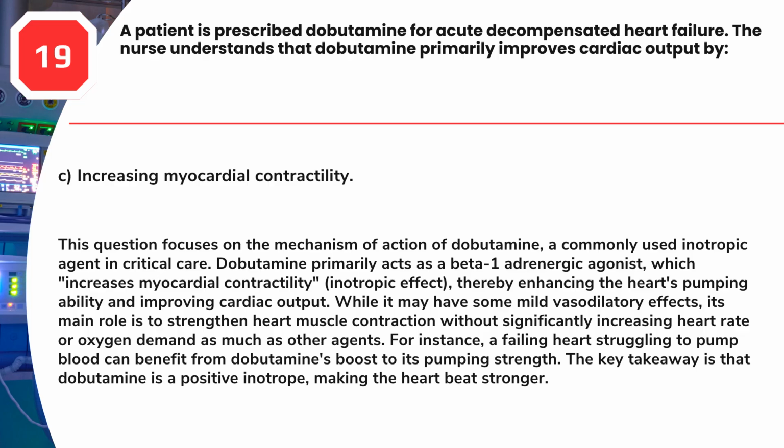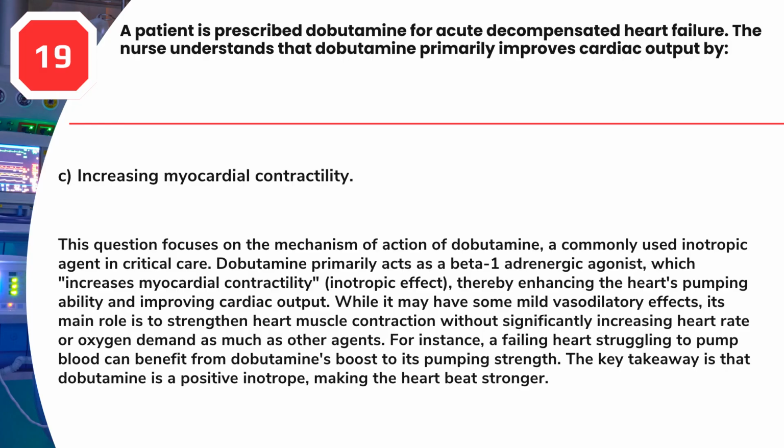This question focuses on the mechanism of action of dobutamine, a commonly used inotropic agent in critical care. Dobutamine primarily acts as a beta-1 adrenergic agonist, which increases myocardial contractility, inotropic effect, thereby enhancing the heart's pumping ability and improving cardiac output.